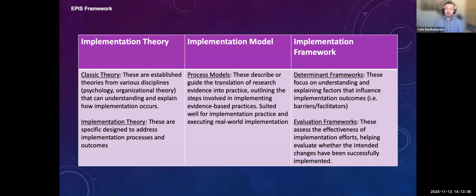They tend to be atheoretical, and they really just point to factors that might influence implementation, kind of like understanding a scaffolding and putting things into a box to say, this is a barrier, this is a facilitator, this is a mechanism, or at least some type of challenge that we're faced with that we need to address with an implementation strategy. But neither models nor frameworks specify the mechanisms of change.